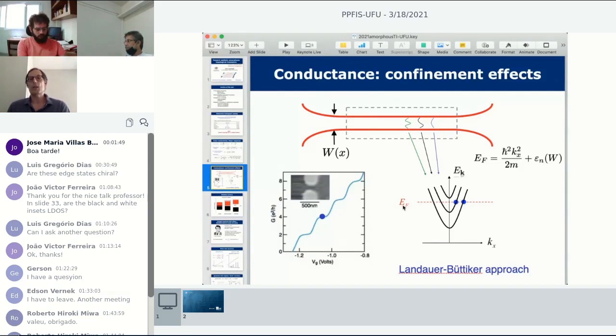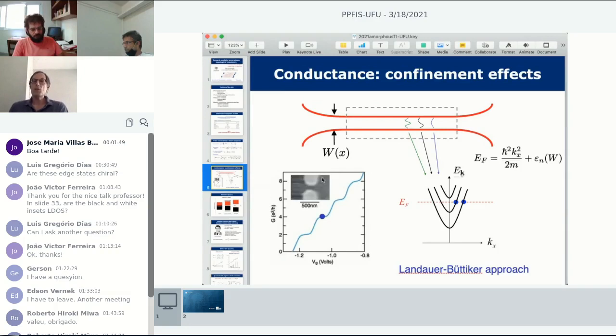Because if you take the derivative of the energy with respect to k, the velocity associated to that is that you have 2 forward-moving states and 2 backward-moving states. And these are the two channels that you have for the conductance, the transmission across this sample.